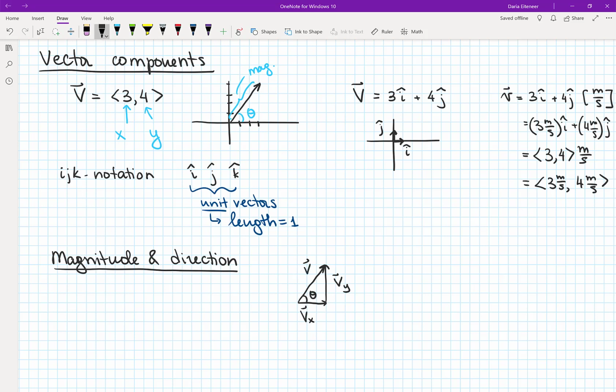Now if you're thinking in terms of what you know about triangles, then you can write v, the magnitude, right? V squared is equal to vx squared plus vy squared. That's just your regular garden variety Pythagorean theorem. Except I'm not going to write it like this. I'm going to write magnitude v is equal to the square root of vx squared plus vy squared.